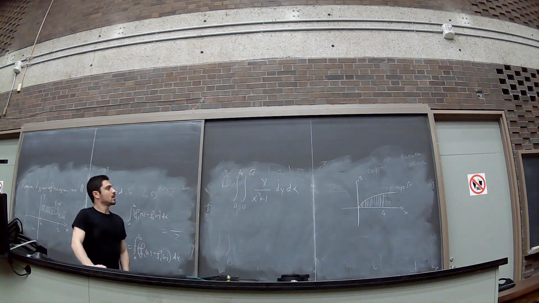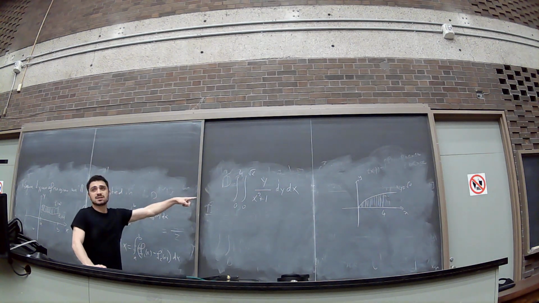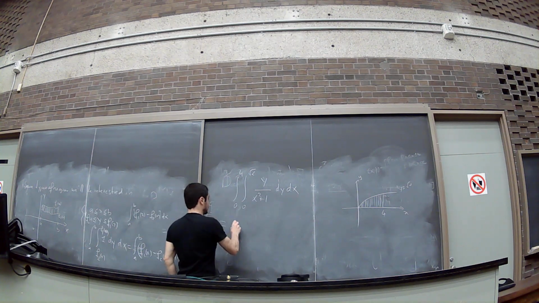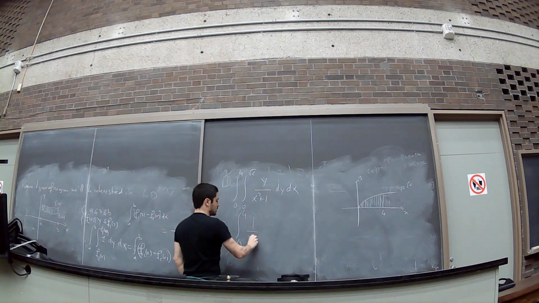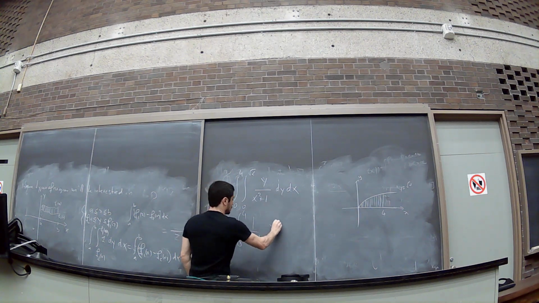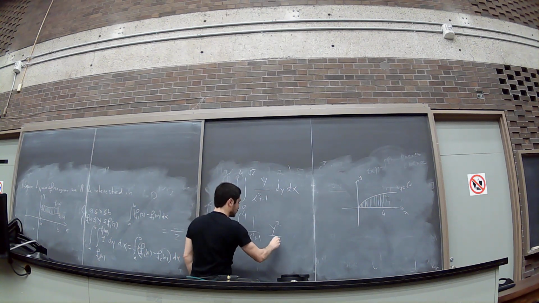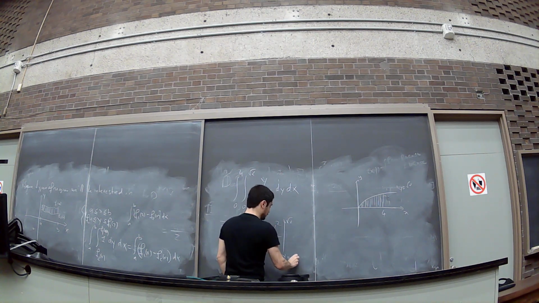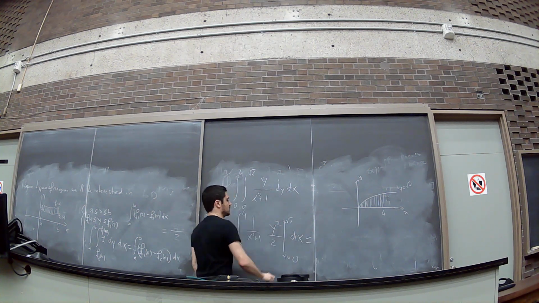Okay? So, how do I integrate this? X is constant. So y is the only variable. So it's 1 over x squared plus 1. I can pull it out. And then I integrate y squared over 2 from y equal to 0 to y equal to root x, dx.